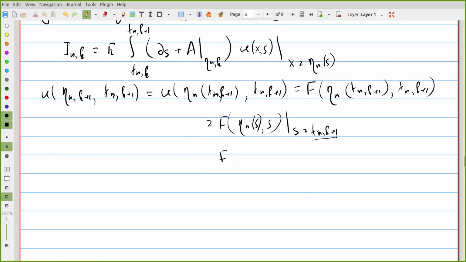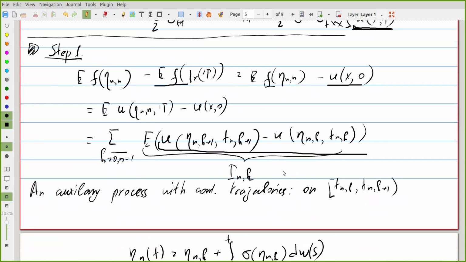And this function, when s is equal to t_n^k, is exactly u(eta_n^k, t_n^k), just by substituting t_n^k here. So this is exactly the initial value of this function on this interval.